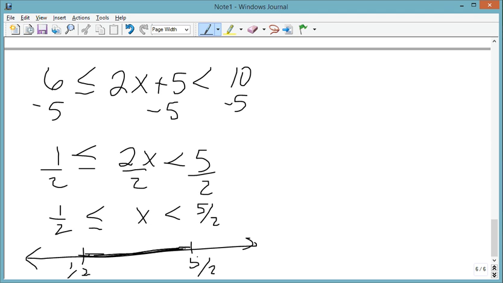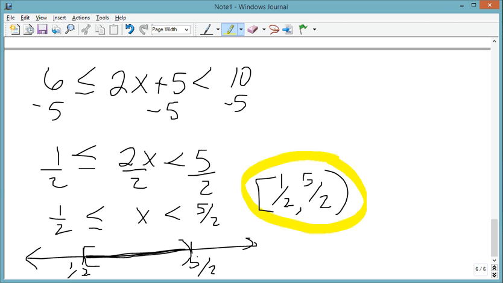That means it's in between. This one has an equal sign, and this one does not. So my answer would look like this. Don't include that one. So that is how my answer would look.